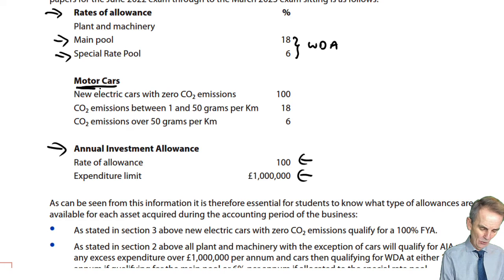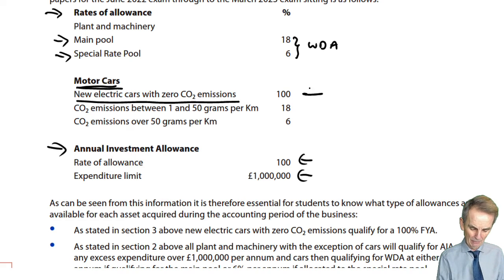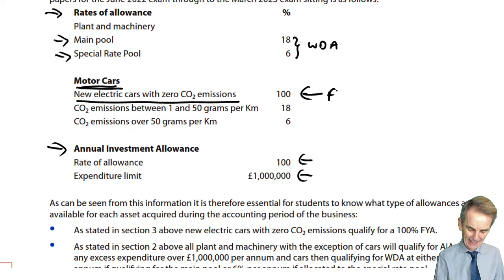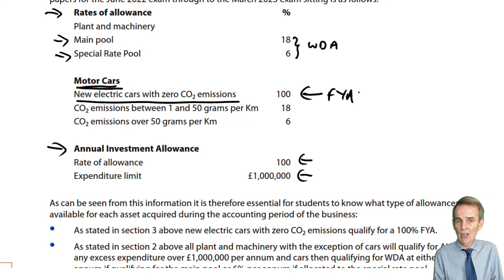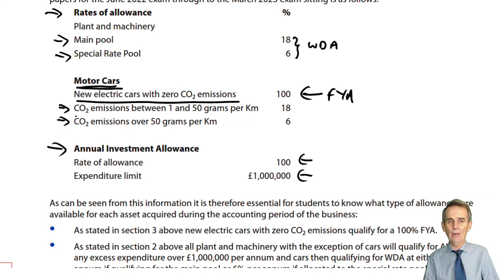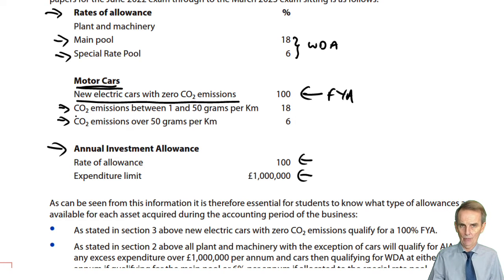Motor cars are the awkward little so-and-sos. To begin with, good news. If it's a new electric car with zero CO2 emissions, it's 100%, and that is your first year allowance. We haven't seen one of these yet. Obviously, in our next lecture, no doubt we will. But then, of course, if it has CO2 emissions, it depends whether or not they exceed 50 grams per kilometre.